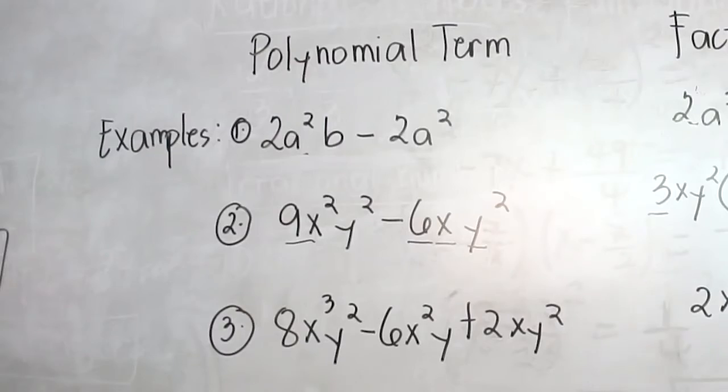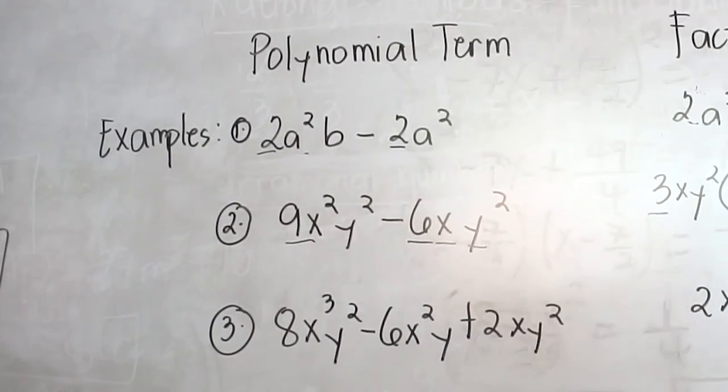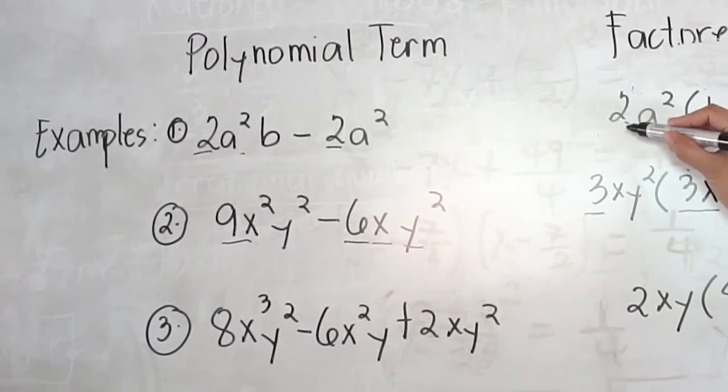Okay, our first example here is 2a squared b minus 2a squared. First, we have to look for a common factor of the first term and the second term. Their factor is 2.